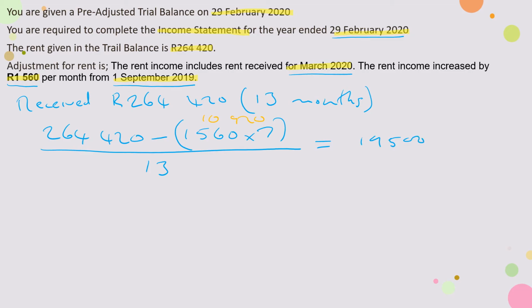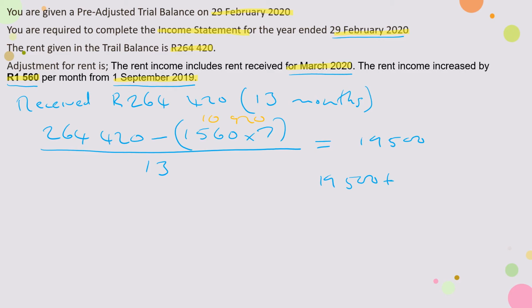This rent is before the increase. That means that's the rent they were paying from the first month, March 2019. They were paying 19,500. However, we want the rent after the increment, the rent for March 2020 that we received. So that will be 19,500 plus the increase.